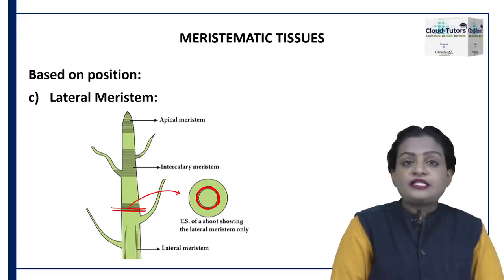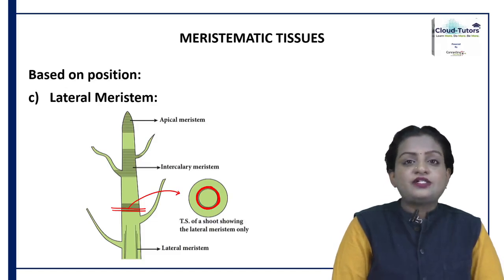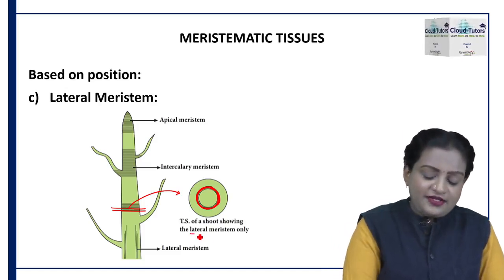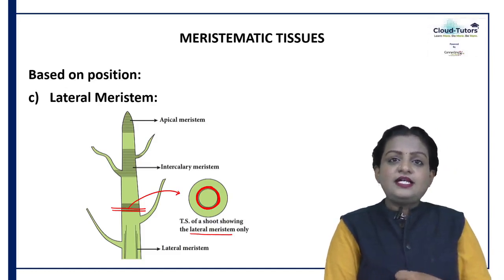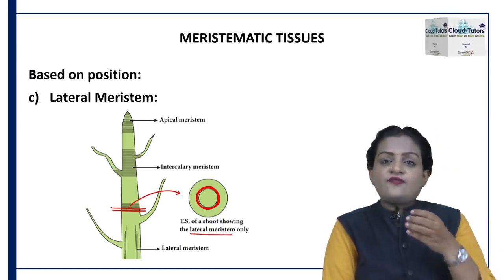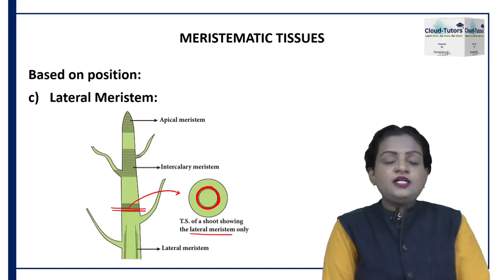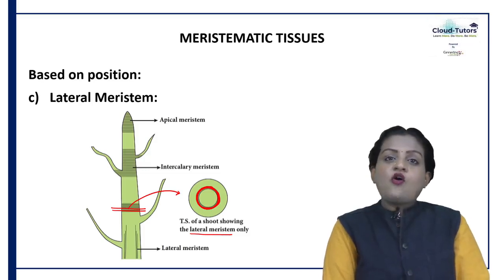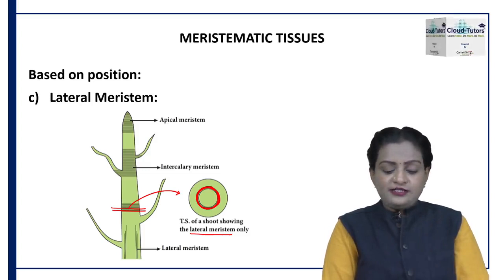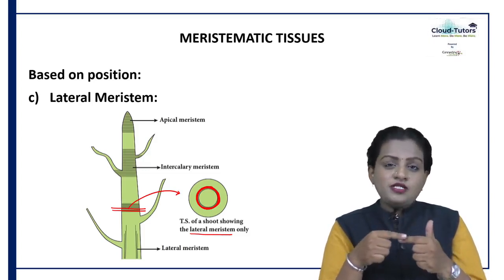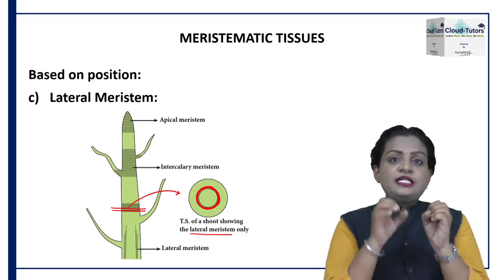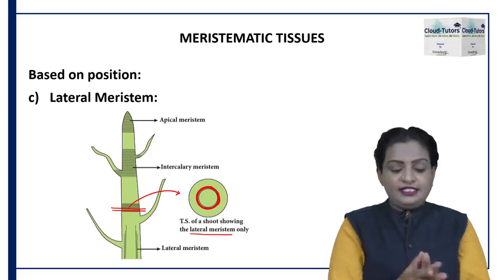This ring is the meristematic region for lateral meristem. So lateral meristem is cylindrical-like arrangement which is seen in the stem. So these are found either in between the vascular tissue or within the vascular tissue. That is, they can be found between xylem and phloem or between one vascular bundle and another vascular bundle.